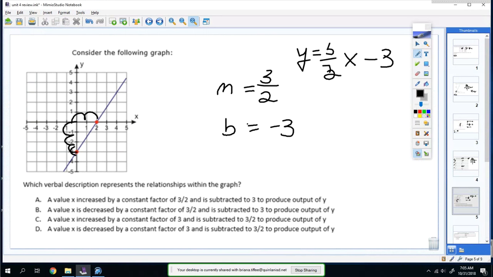So C and D are wrong because it says the constant factor is a 3, which I know is actually 3/2. Okay, then A is correct because it says it's being increased. B is not correct because it's being decreased.